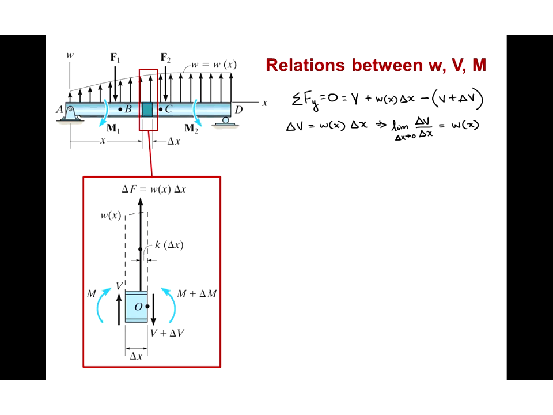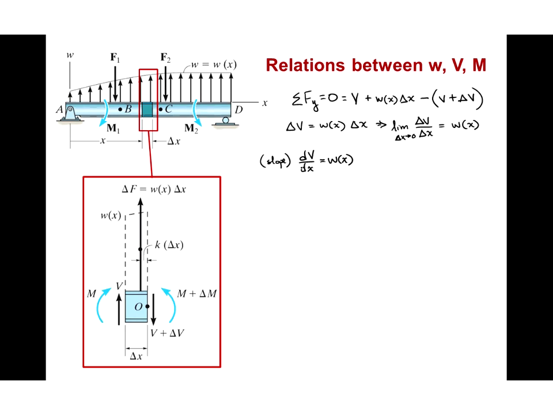We then simply get the definition of a derivative on the left, so we have dV/dx equal to w of x. In other words, the slope of the shear force diagram will be equal to the intensity function at any point. So as the intensity function changes, the slope of the shear force diagram will change.